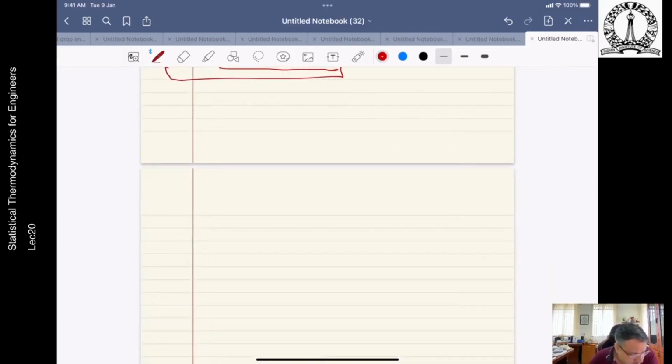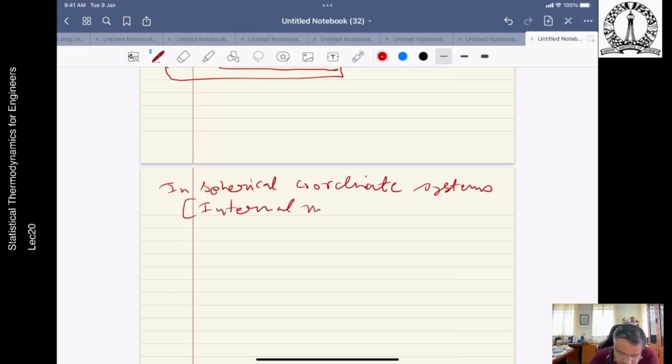Okay? So in spherical coordinate system, and we will have a separate lecture or a tutorial on spherical coordinate system, so that there you can be more conversant of what it is. So this is for the internal energy mode. Okay.